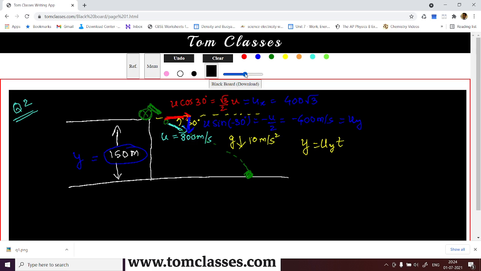Let me rewrite this expression, because I don't know the time, and that time I have to calculate. I know g, but I don't know the final velocity either, so I cannot use that. I know the distance.